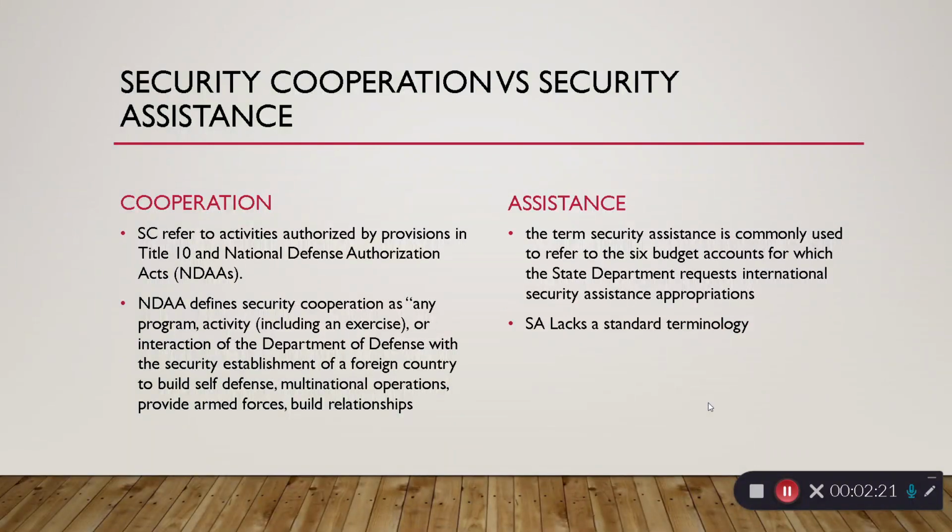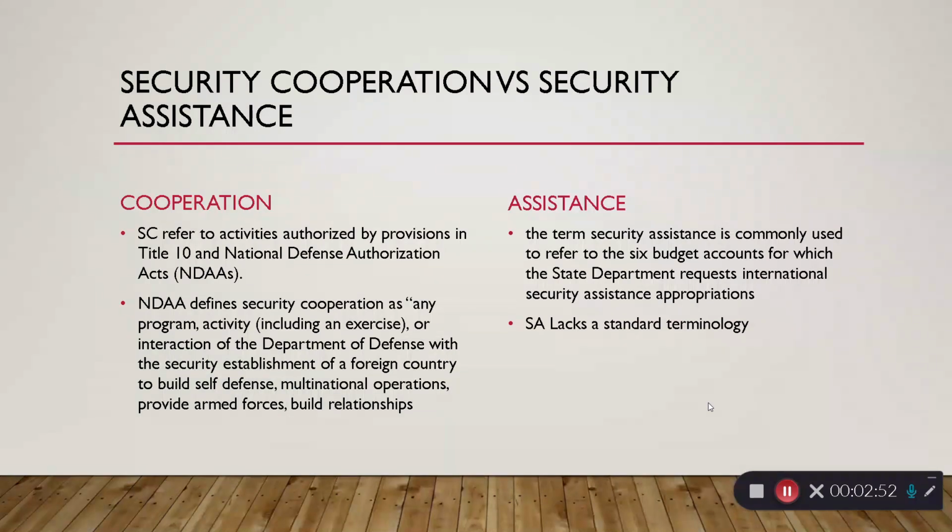It is, however, arguably distinct from a different term, security assistance, which you'll see throughout the topicality cards in the topicality file that Mr. McCaffrey put together in the core. Security assistance, arguably distinct from security cooperation, is a term that is commonly used to refer to the 6 budget accounts for which the State Department requests international security assistance appropriations.